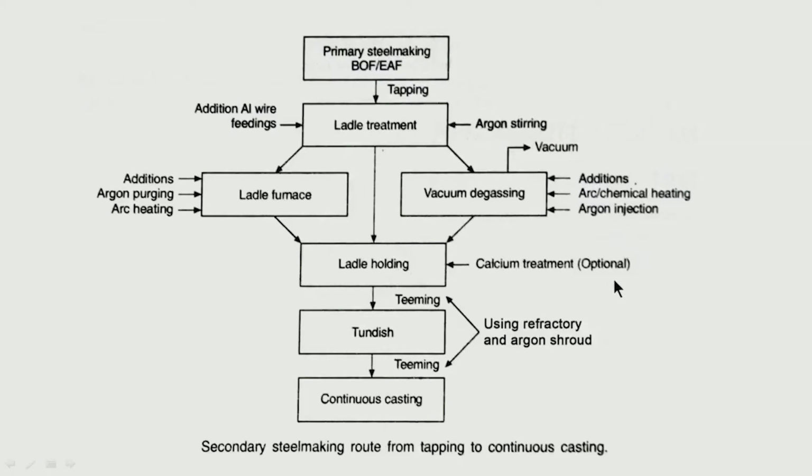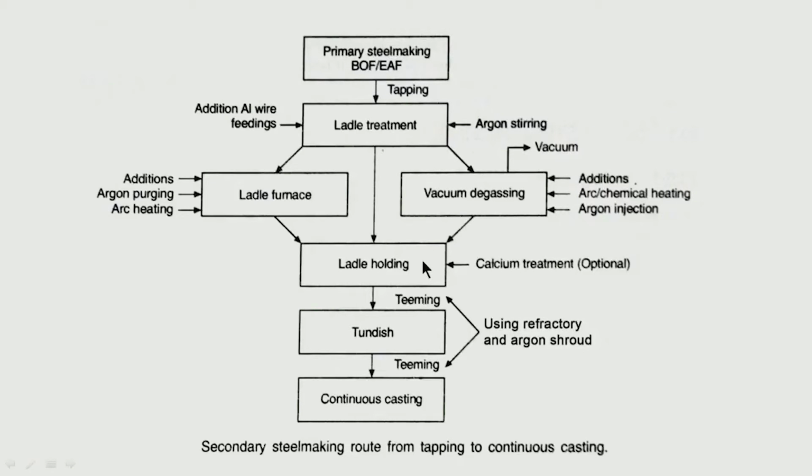This wire, which is present in the form of a spool, with the help of a feeder, is being pushed deep inside the ladle. So, wire injection is possible at this stage. And if you are holding the ladle, we are allowing the inclusions to float up, whatever alumina inclusions and calcium oxide aluminates are forming.